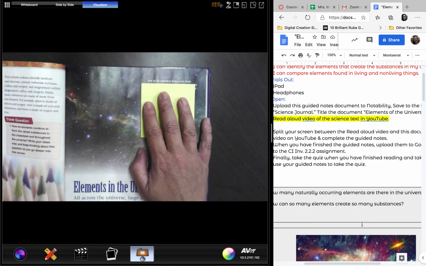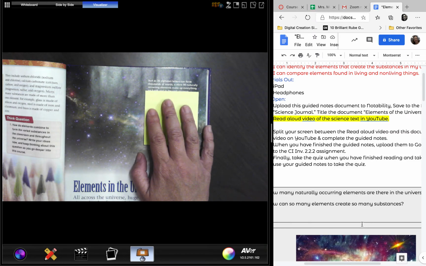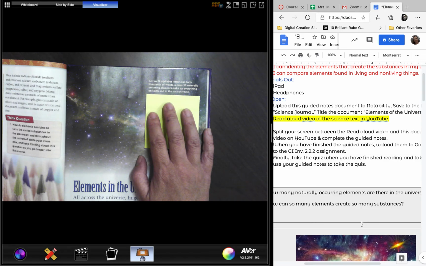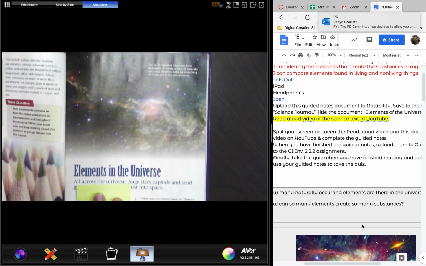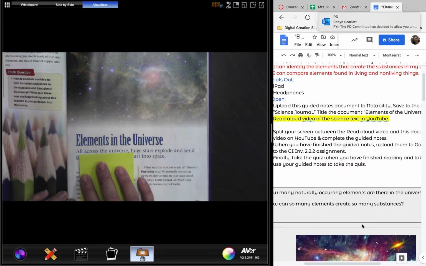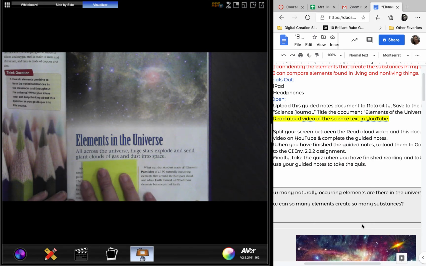Just as an alphabet can form thousands of words, a mere 90 naturally occurring elements make up everything on Earth and in the vast universe. All across the universe, huge stars explode and send giant clouds of gas and dust into space.